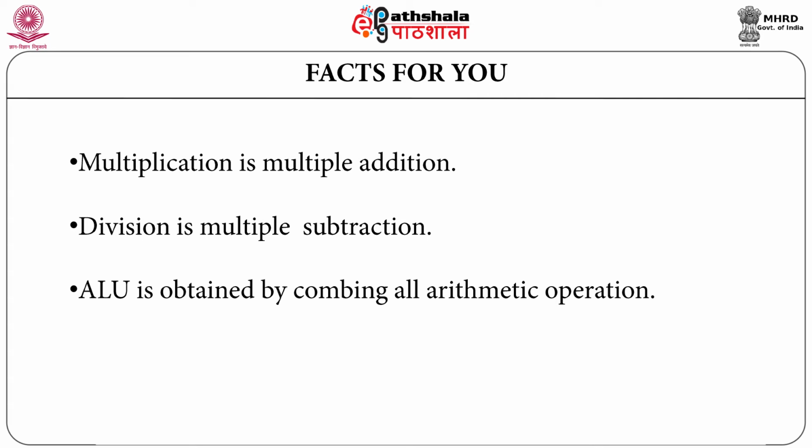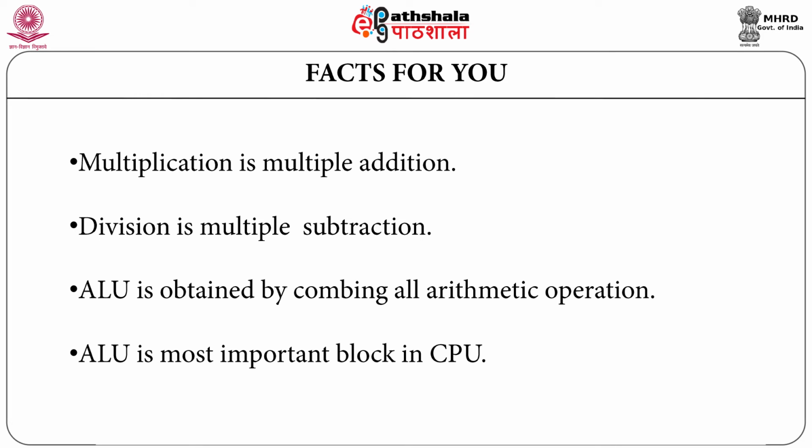Therefore, the ALU is obtained by combining all these basic arithmetic operations. As I said, the ALU is the most important block of the CPU. The CPU is the heart of the computer. The computer works only if the CPU is in order, and the CPU works only if the ALU is in order. Therefore, these arithmetic circuits carry a lot of importance.